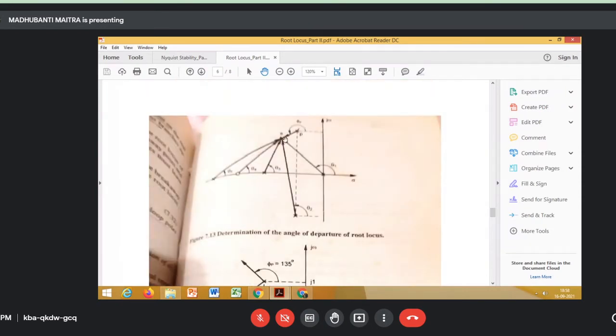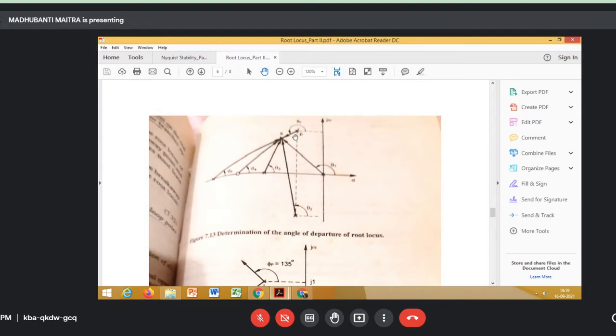You see, in the limiting condition, what was our second assumption? This point is very close to this complex open loop pole. So in the limiting condition, we can say that this point and this complex open loop pole, these two points are identical, they are co-located. This trial point and this complex open loop pole are located at the same point on the S-plane.